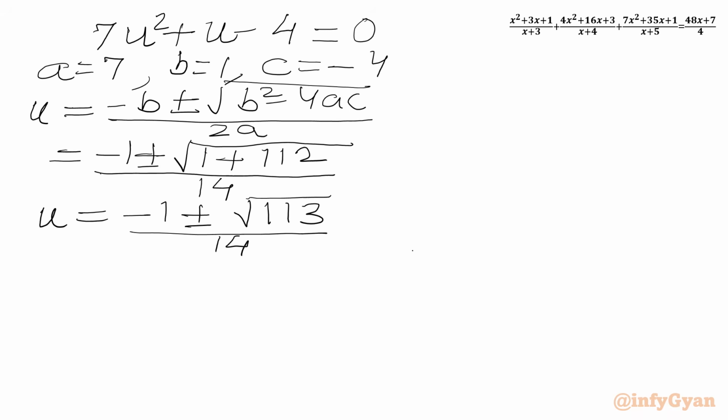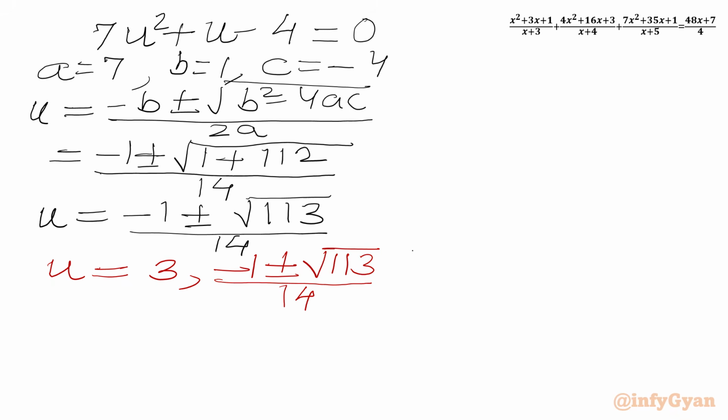So we have 3 values of u in total. I will write here u equal to 3 and minus 1 plus minus square root of 113 over 14. Now u was our substitution x plus 4. So here we can write x plus 4 equal to 3, minus 1 plus minus square root of 113 over 14.